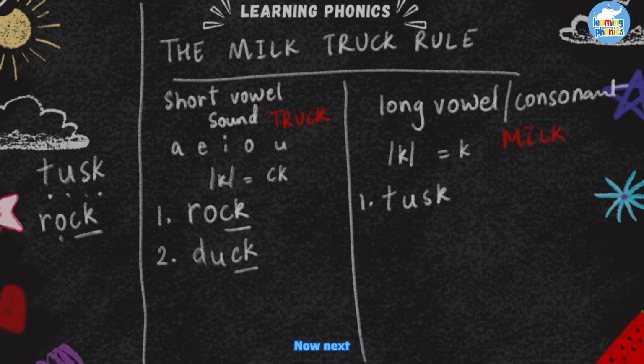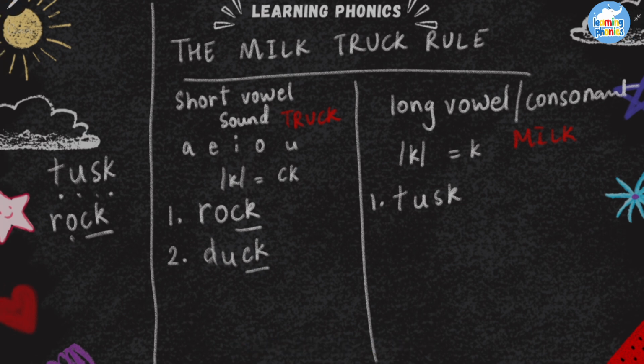Correct. Now the next one we are going to see, I'll give you the word, that is honk. Honk. Now can you hear and tell me what is the sound before the k sound? K. See, that is correct. The sound before the k is the consonant.